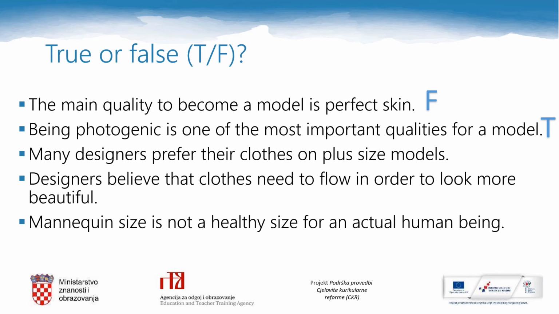Many designers prefer their clothes on plus-size models. It is false. They prefer their clothes on small-size models. Designers believe that clothes need to flow in order to look more beautiful. True. Mannequin size is not a healthy size for an actual human being. True. Unfortunately, but true.